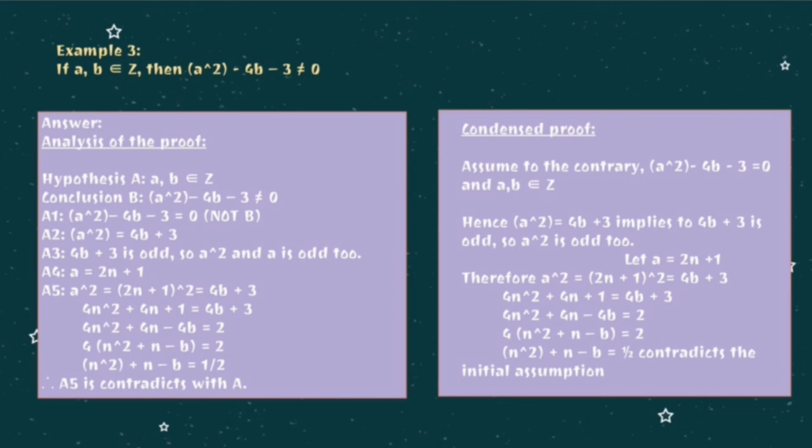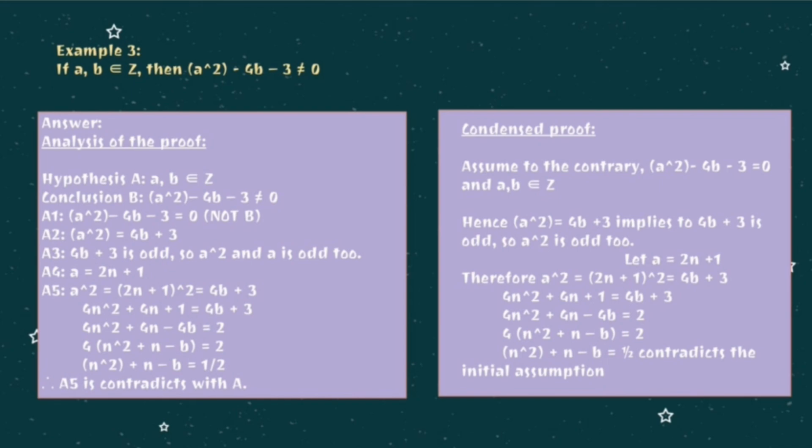And the third step, we're going to get 4B plus 3 is odd. So A squared is odd, and A is odd too. And then A equals 2n plus 1. For the fifth step, A squared equals (2n plus 1) to the power of 2 equals 4B plus 3.